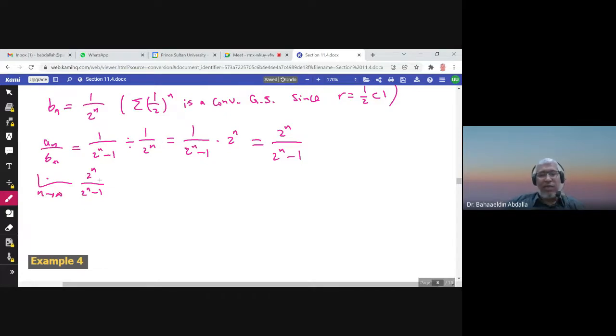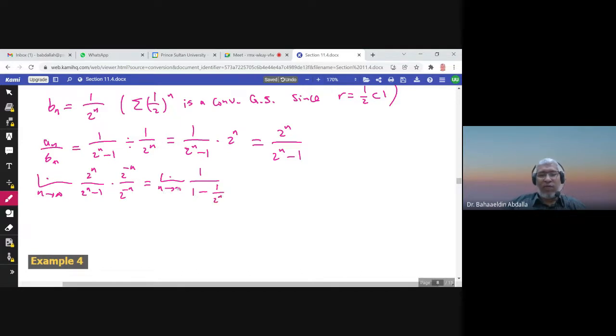I can take 2 to the power n over 2 to the power n, and say it is immediately 1. Or if you like, I can multiply by 2 to the power negative n over 2 to the power negative n. Then if you multiply here, you get 2 to the power 0, which is 1. And here you get 2 to the power 0, which is 1, minus 1 over 2 to the power n.